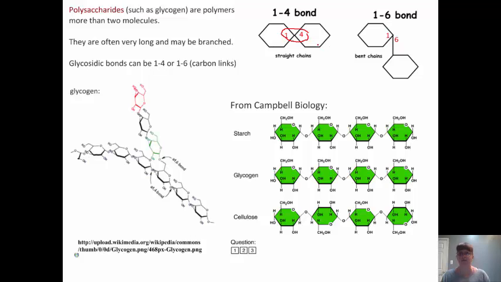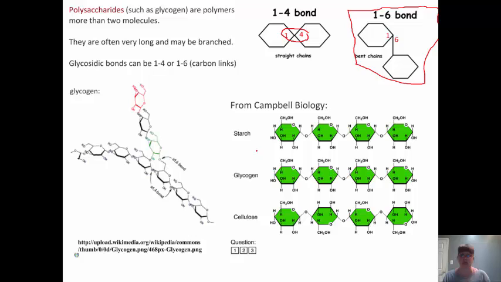If you have a 1,4 glycosidic bond, you're going to have a straight chain, such as this part here, which would be all 1,4 bonds, also here. But here in our glycogen, you can see a branched or a bent chain, and that's because this molecule is forming a 1,6 glycosidic bond, and that's going to give us a bent chain.